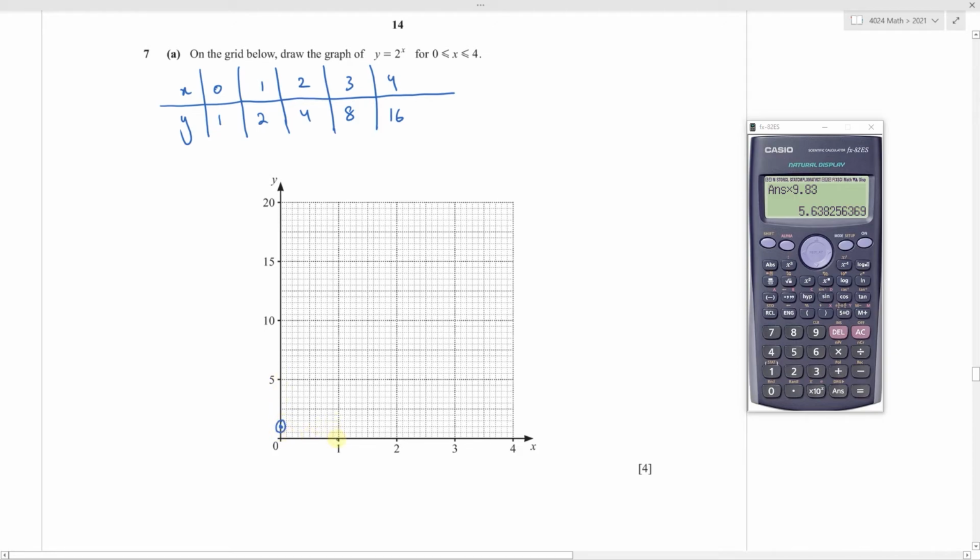Then you have 1, 2. 1 and 2 will be 4 blocks up on y-axis. Then you have 2 and 4, which will be 2 blocks below 5. 3 and 8. 8 will be, this is 9 and then this is 8.